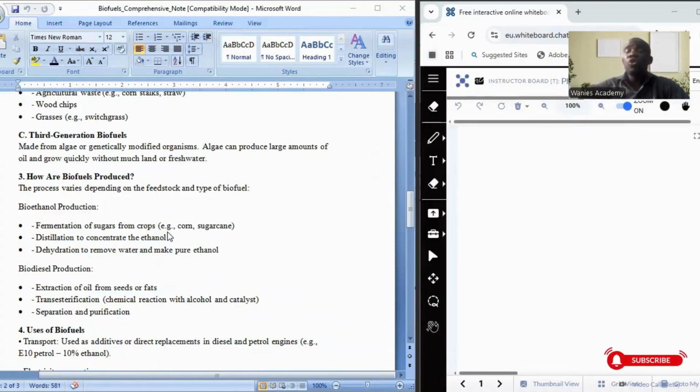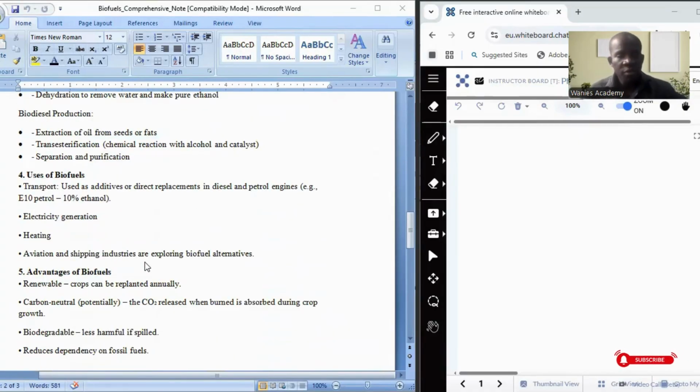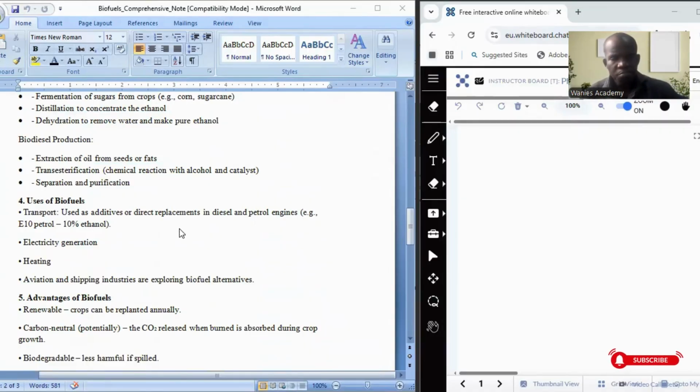That means it uses a catalyst. Then after that, there is separation and purification.